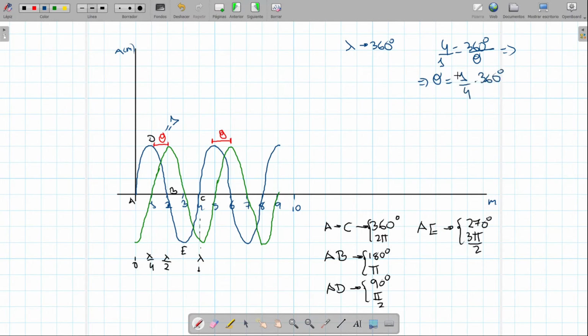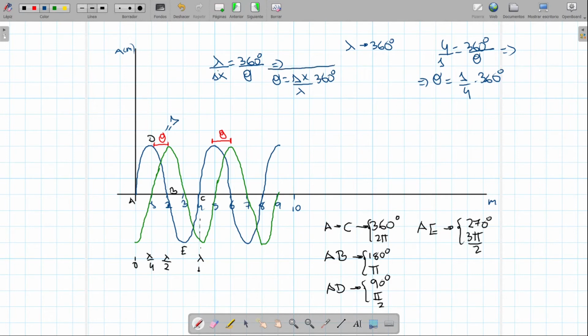Okay. If we did this with letters instead of numbers, we can see that lambda is going to be 360, just as the distance is to our phase difference, which is in degrees. So if we put theta as the subject of the equation here, we get this formula, which is only a proportion, as you can see.